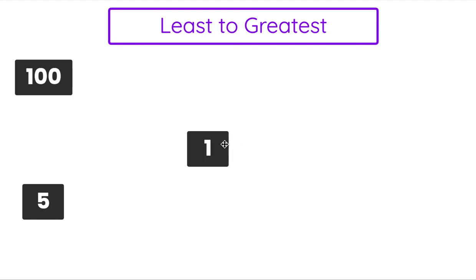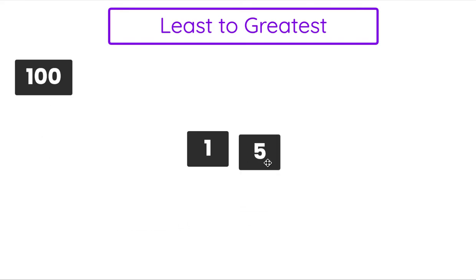I'm going to put them in the middle here. Then we have 2 numbers left. So we're going to look for the next least number, 5 and 100. The least number between the 2 of these is 5. So we're going to move it over here next to the 1. And finally, the only one left is the 100.